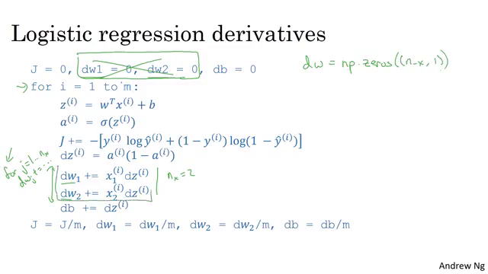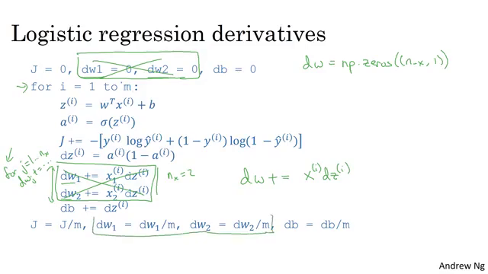Then here, instead of this for loop over the individual components, we just use this vector valued operation, dw plus equals x_i times dz_i. And then finally, we will just have dw divided by m. So now we've gone from having two for loops to just one for loop. We still have this one for loop that loops over the individual training examples.